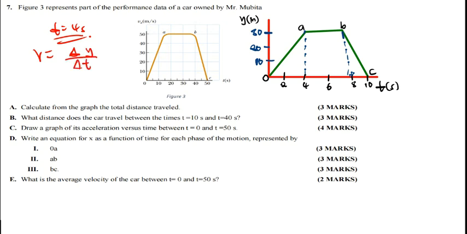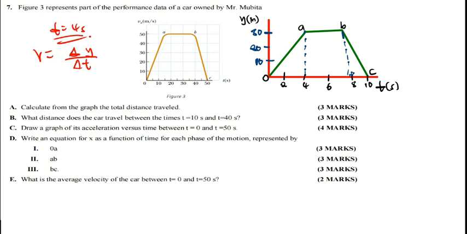That is the velocity. I'm using displacement on top because last time we agreed that velocity is a vector quantity. So velocity goes with displacement. Speed goes with the distance.